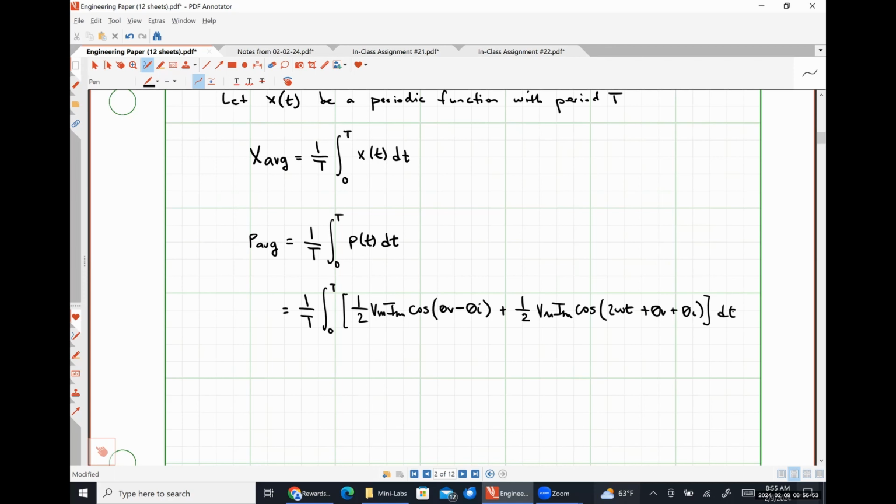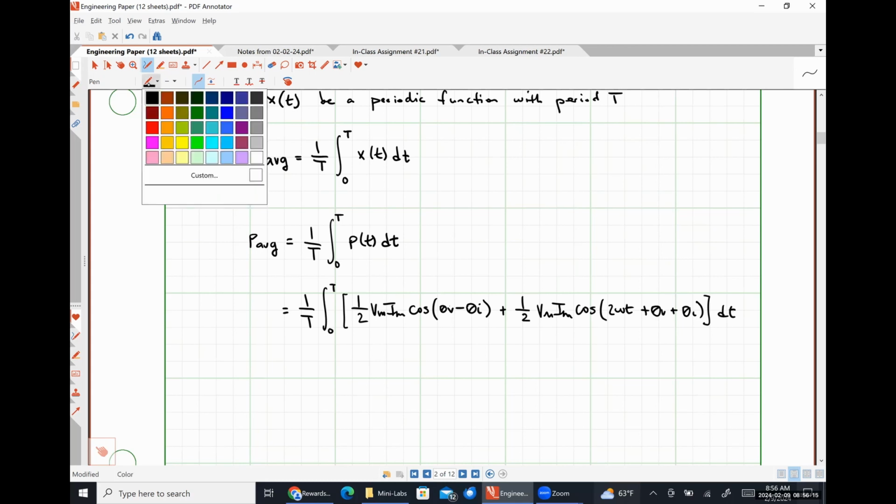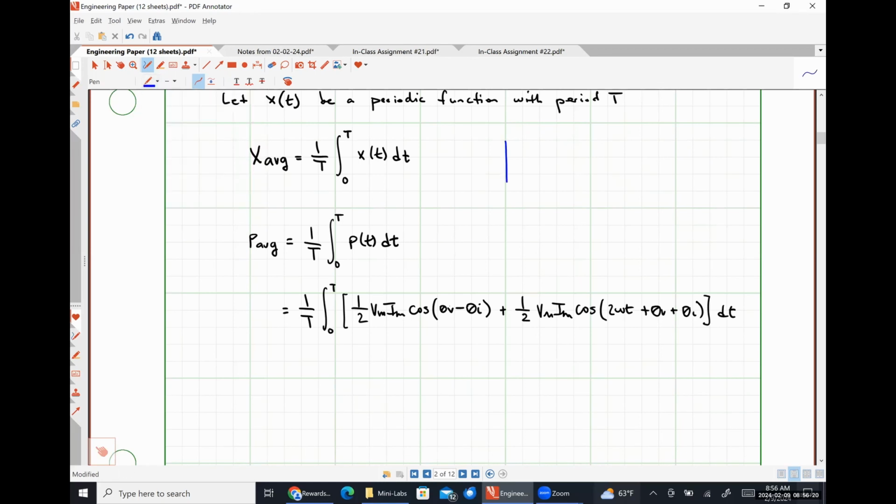So let's look at that second big ugly term first, right? I'm integrating a sinusoidal function over one period. What should the result of that integration be? Let me draw a graph here. You're right. So we're just looking at the AC portion of this thing, okay?